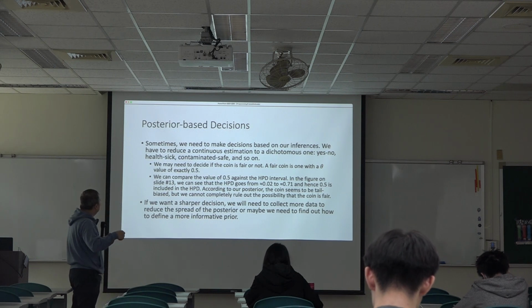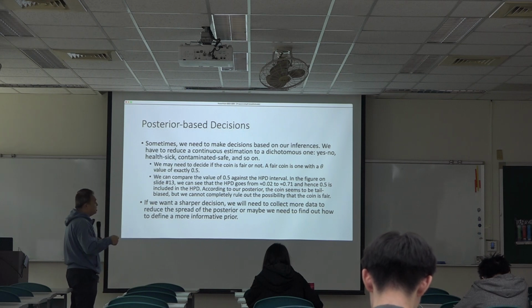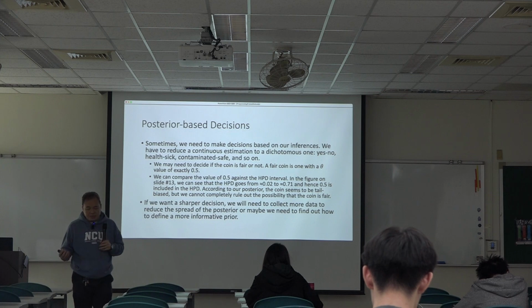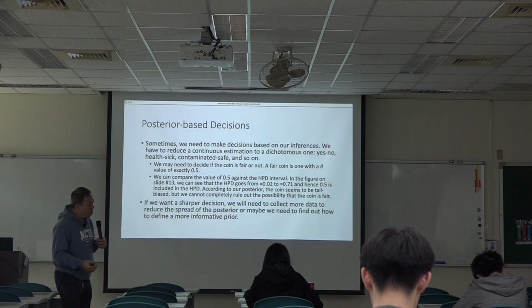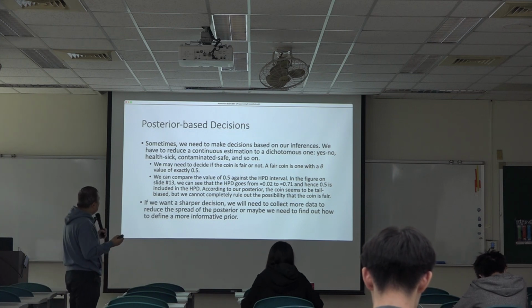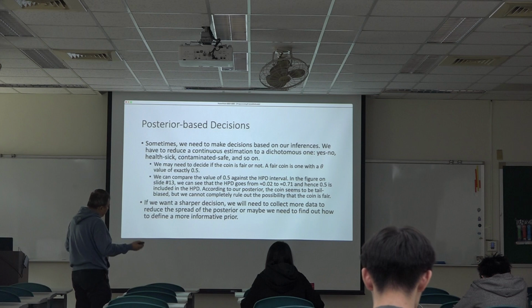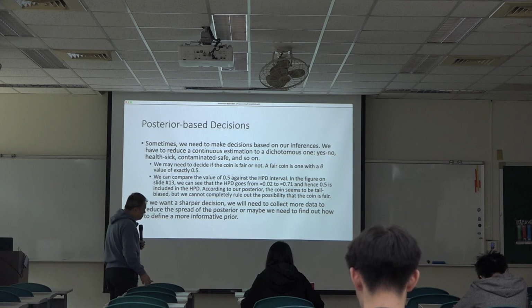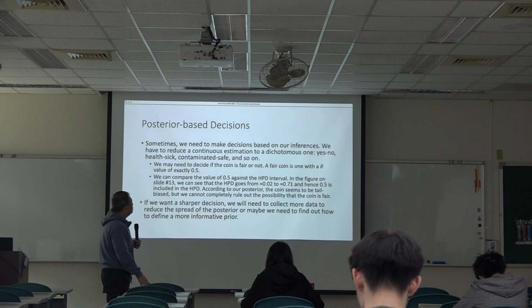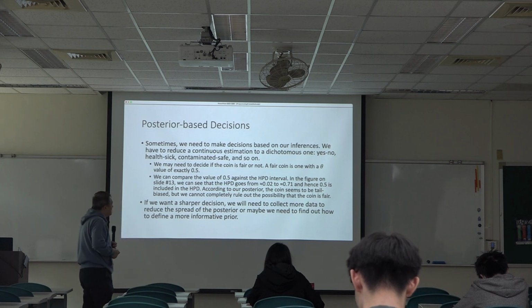After we get the posterior, a lot of the time we need to make decisions based on our inferences and analysis results. The analysis result is a posterior distribution, but some decisions we want to make are dichotomous.